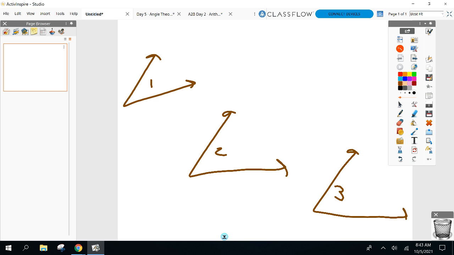Okay, 1 and 2 are supplementary. Just pretend they are. Okay, please. 1 and 2 are supplementary.